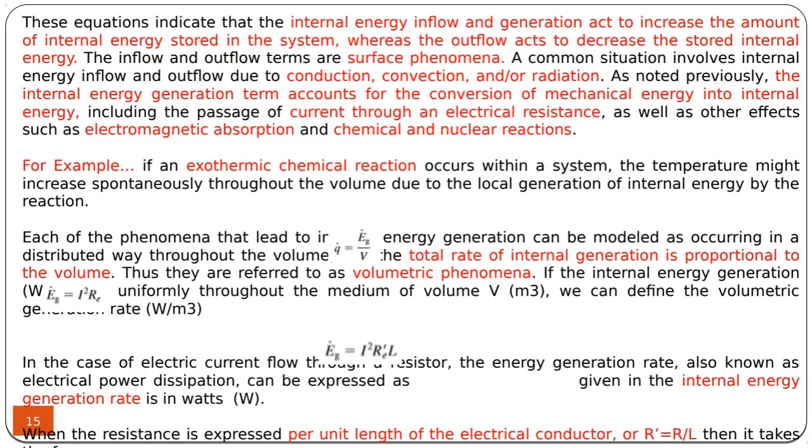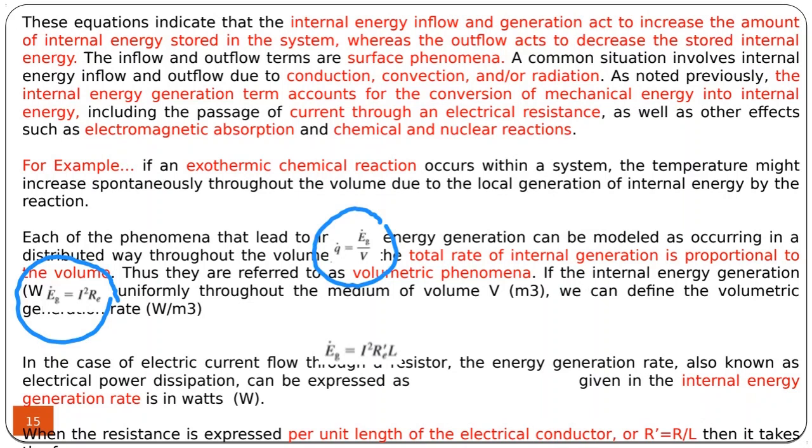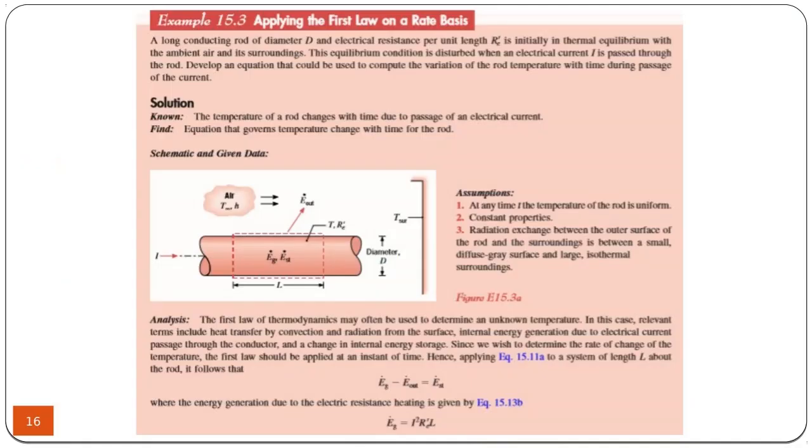Generation of energy can be given per unit volume, such as in the case of resistors. An example here: a long conducting rod of diameter D and electrical resistance per unit length R prime E. R prime E is actually the unit resistance, given as resistance per unit meter.